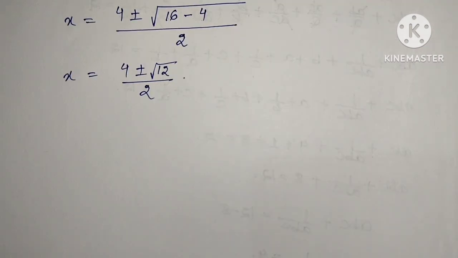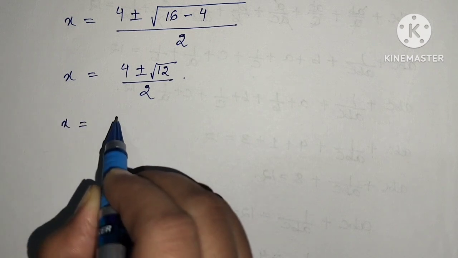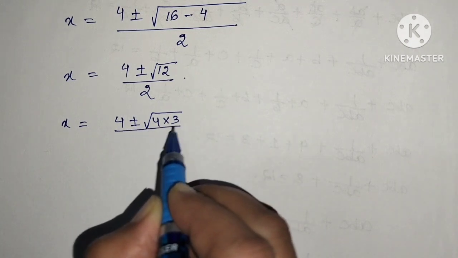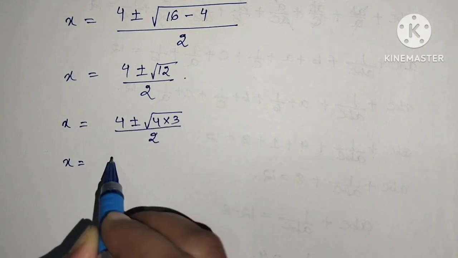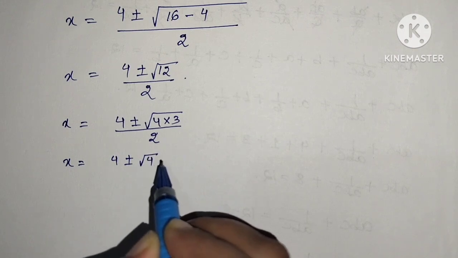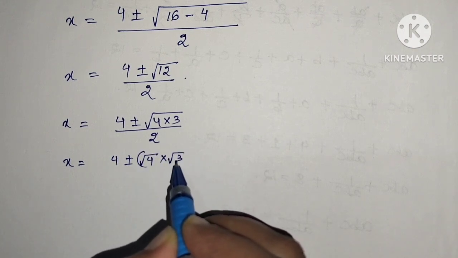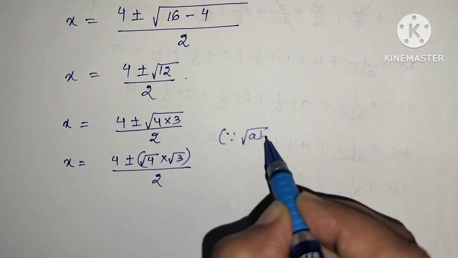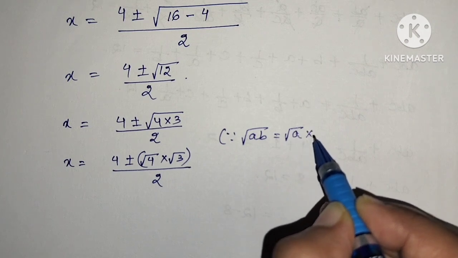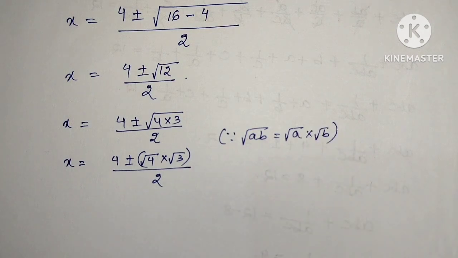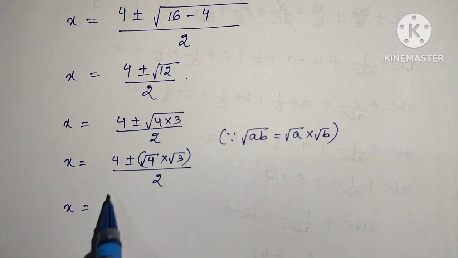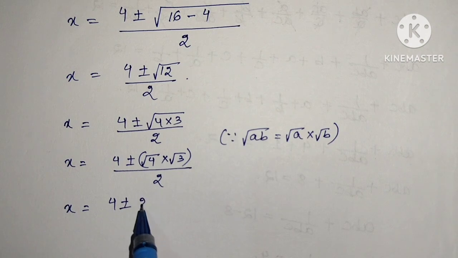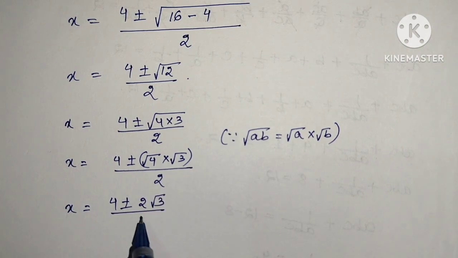Then the 12 will be split 4 into 3 divided by 2. Then root over of 4 into root over of 3 divided by 2, because we know root over of AB is equal to root over of A into root over of B. Then x is equal to 4 plus minus, root 4 is 2, root 3, divided by 2.